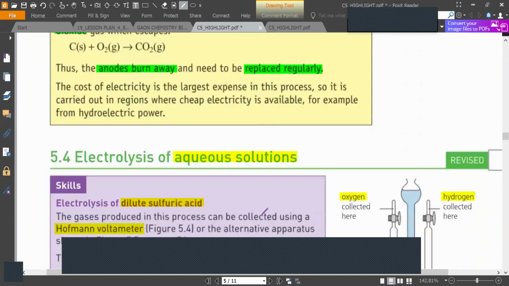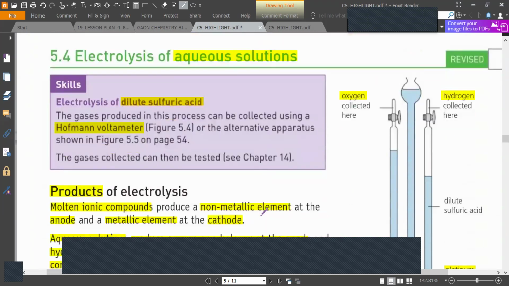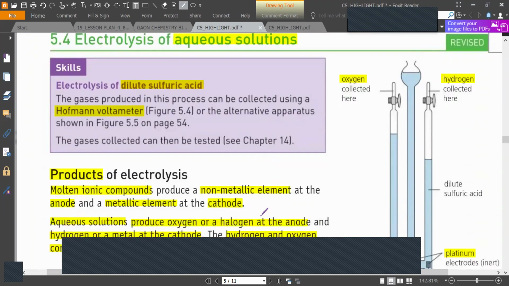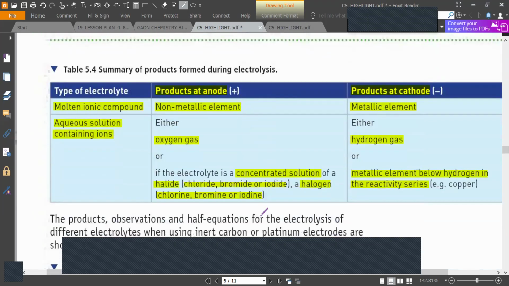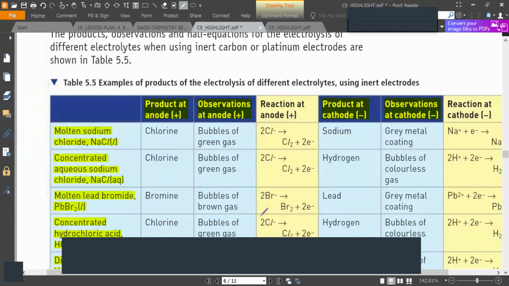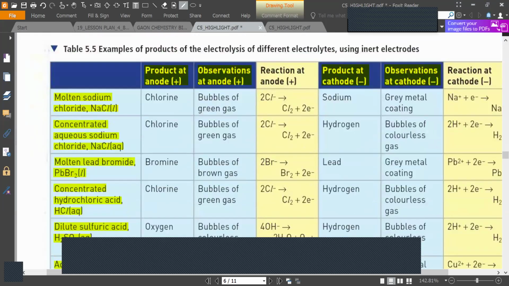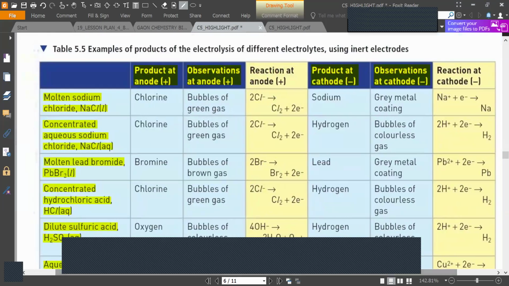Aqueous solutions. As I mentioned before, when we have water, the products will be different. So this is a summary of all the different products under different conditions. If we have molten sodium chloride, what will be the products? If we have concentrated sodium chloride, what are the products?